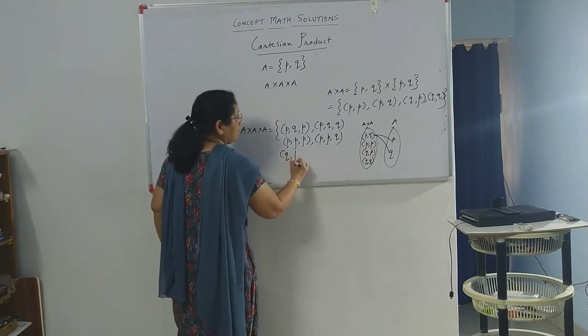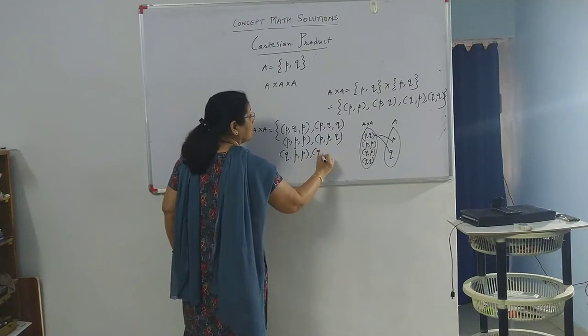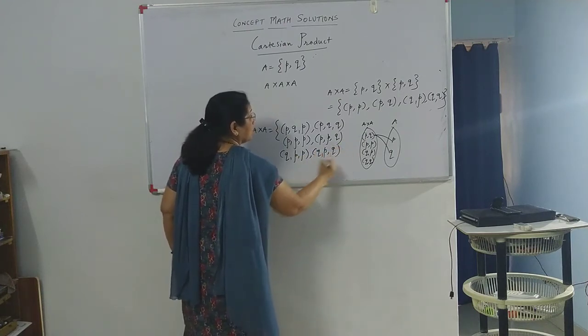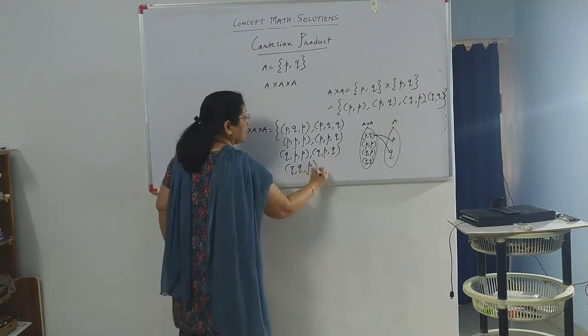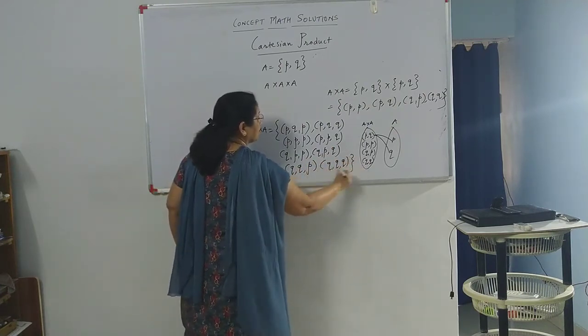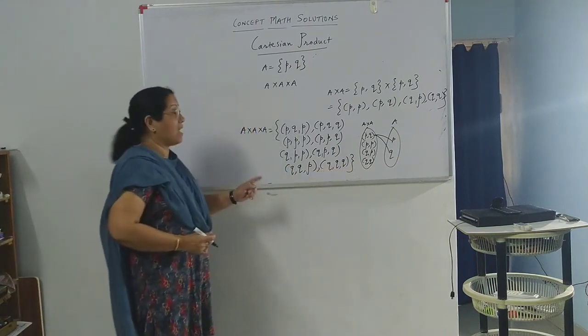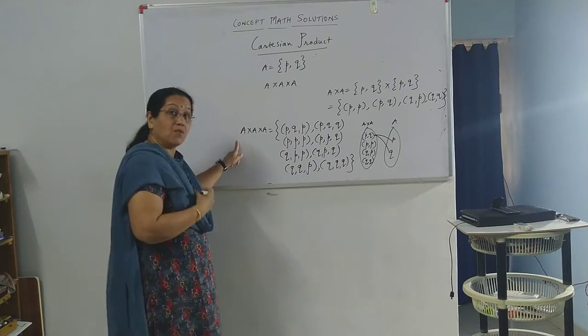Then P comma Q comma P. This is the way to write. Then P, Q, Q. And then the last element Q, Q, P and Q, Q, Q. That is, you will see that the triple product will have 8 elements because A has 2 elements.